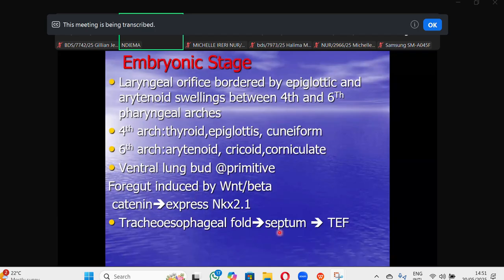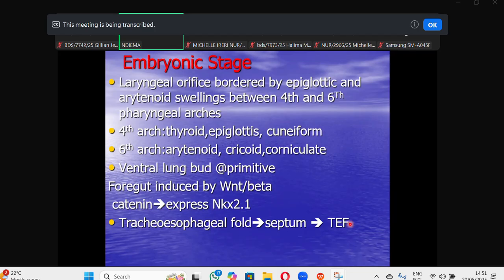So during this stage, we might also have problems in terms of growth of the tracheoesophageal fold. Failure of the tracheoesophageal fold to develop adequately and fuse to form the septum will lead to tracheoesophageal fistula. That is a hole connecting the trachea and the esophagus.